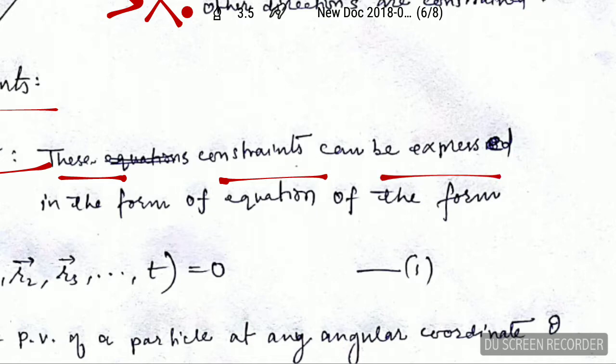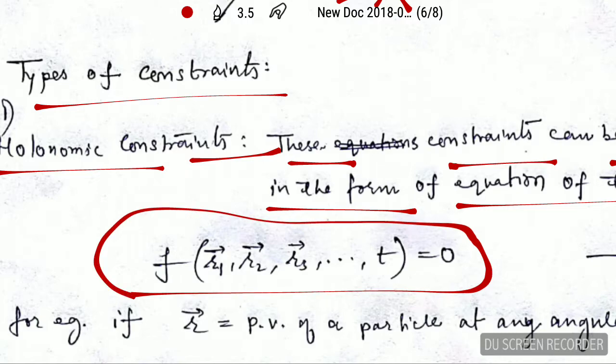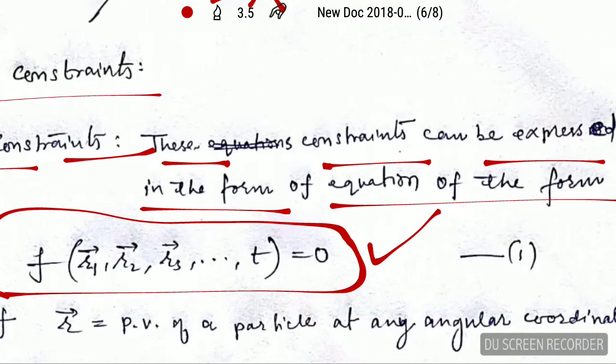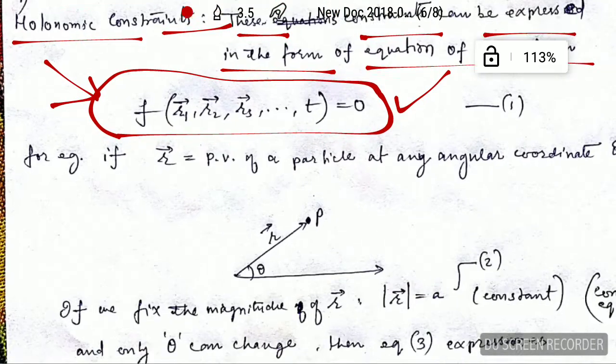These constraints can be expressed in the form of an equation of the form shown here. The constraints which can be expressed in an equation of this form are called holonomic constraints. So let's take the example.